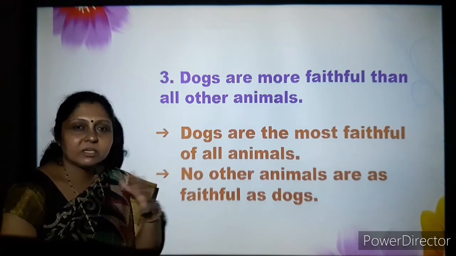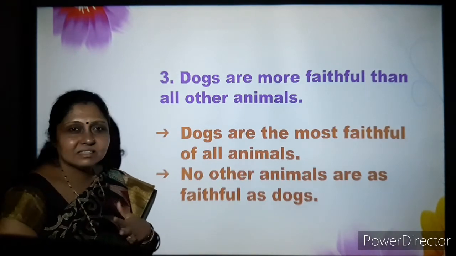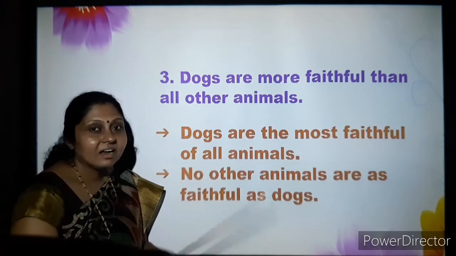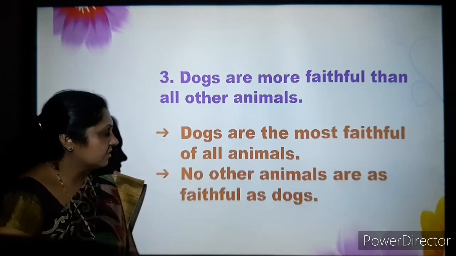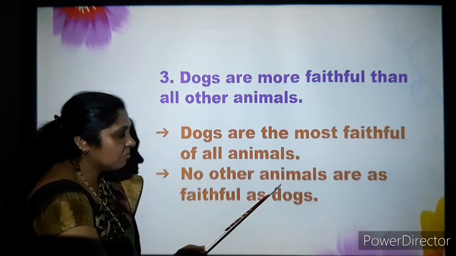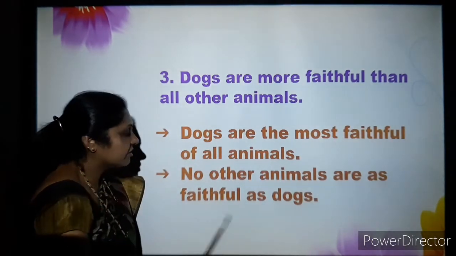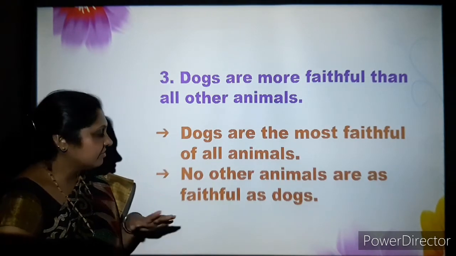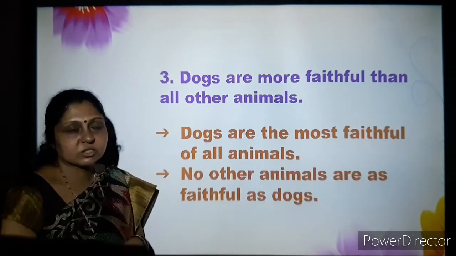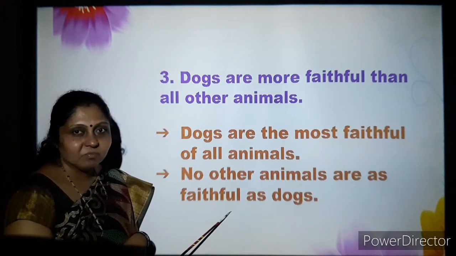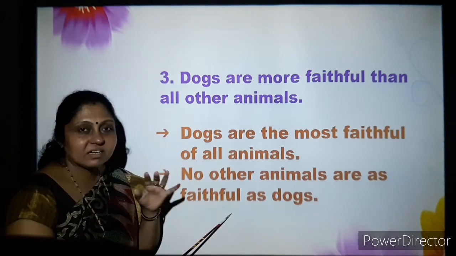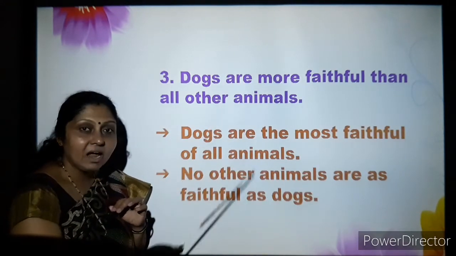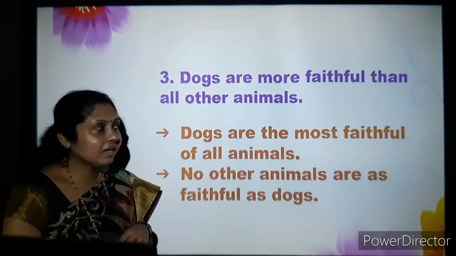When you compare it with all animals, they are considered the most faithful. So what is the degree here? It is superlative. No other animals are as faithful as dogs. So there are no other animals which are as faithful as dogs. So it is positive degree. So just concentrate a lot. You have to identify the type in the question, then put it in the other two forms of the degree.